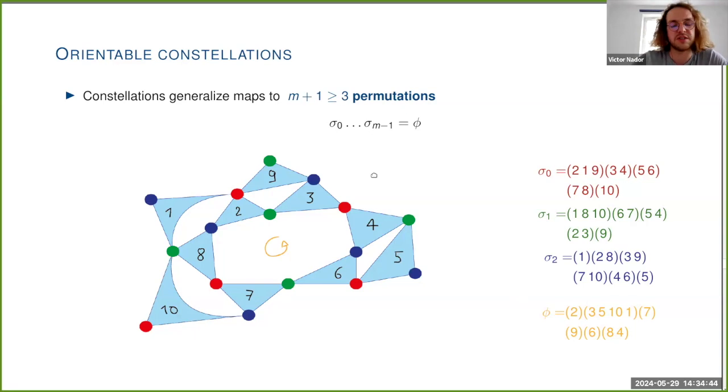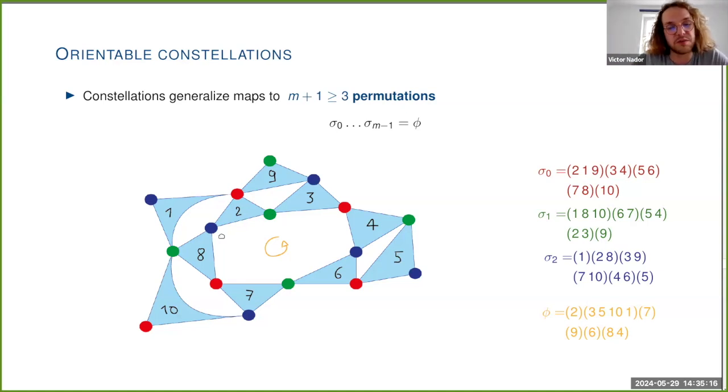What's important with constellations is that this definition depends on the base choice of orientation for the surface, because my hyperedges are going to have one vertex of each color visited in a very particular order. For example, here in the clockwise order on my hyperedge, I'm going to visit 0, 1, and 2. This is a problem to define things on a non-oriented surface, because I want things to be independent of the orientation of my surface.